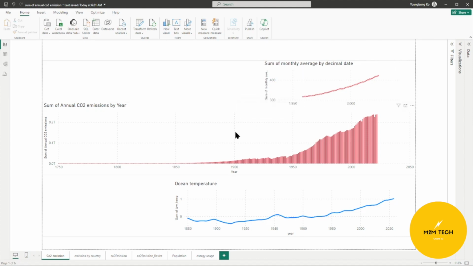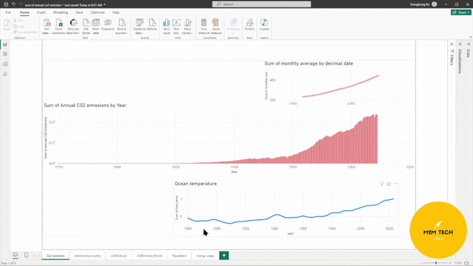Of course, the temperature itself. Carbon dioxide is a well-known factor for global warming, because scientists told us that CO2 is a factor of global warming. So I show the global temperature changes by the ocean temperature, but it doesn't mean that it has a direct relation.